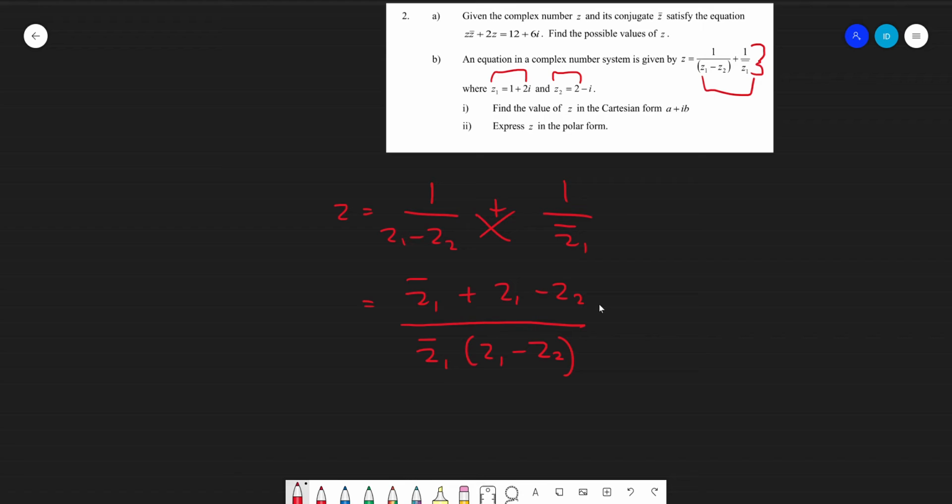So z1, which we know is 1 plus 2i, for the conjugate the imaginary part will be changed, so it will become 1 minus 2i. Then for z1 minus z2, all you have to do is substitute into the expression. So z1 should be 1 plus 2i, and then minus (2 minus i).